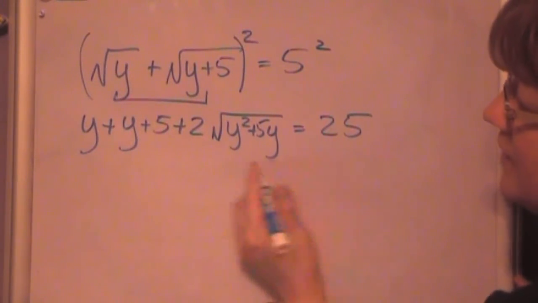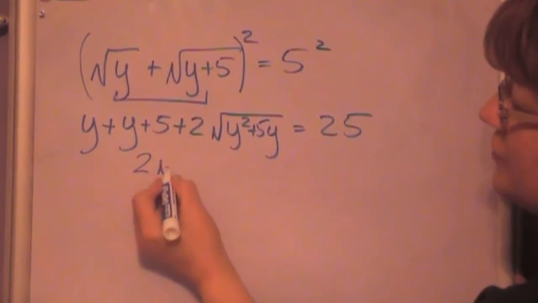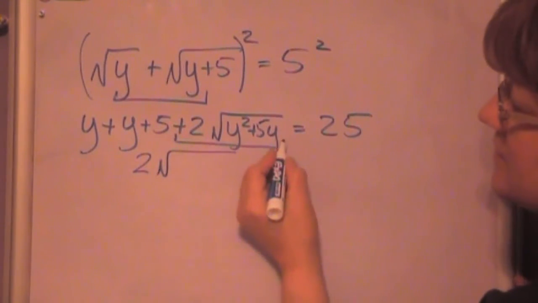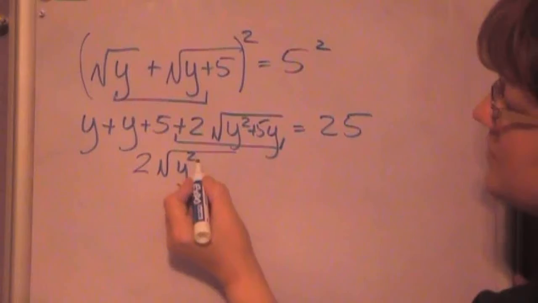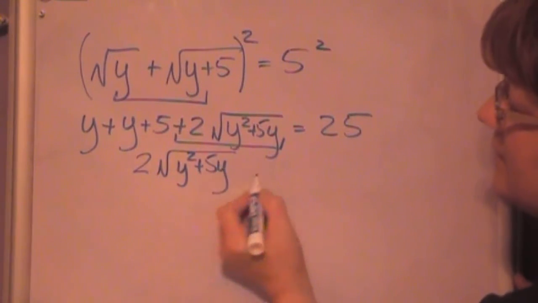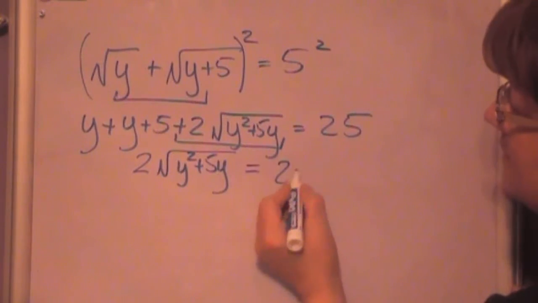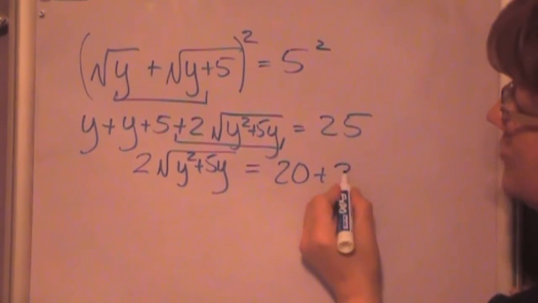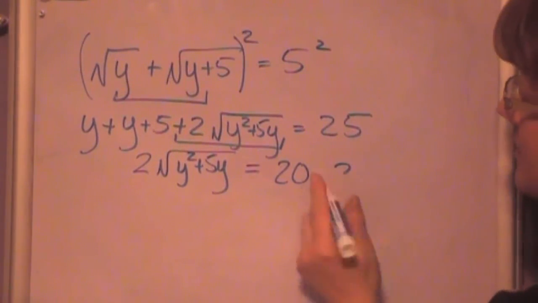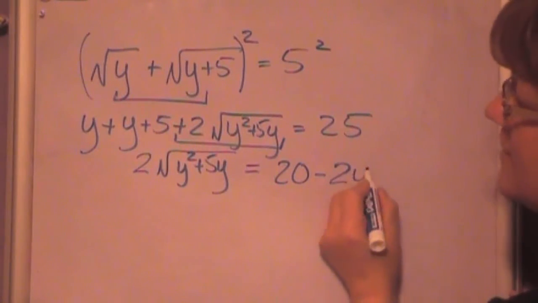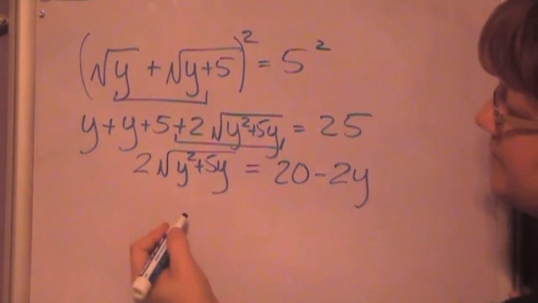And I'm going to bring them over here. So the only thing I'm going to leave over here is this. 2 times the square root of y squared plus 5y is equal to, if I take the 5 over here, I have 20 minus the 2 y's that I'm bringing over also.